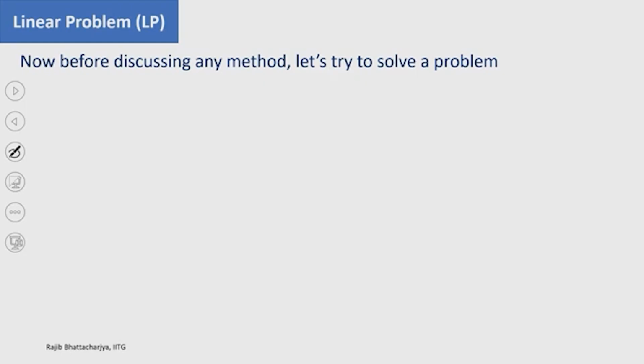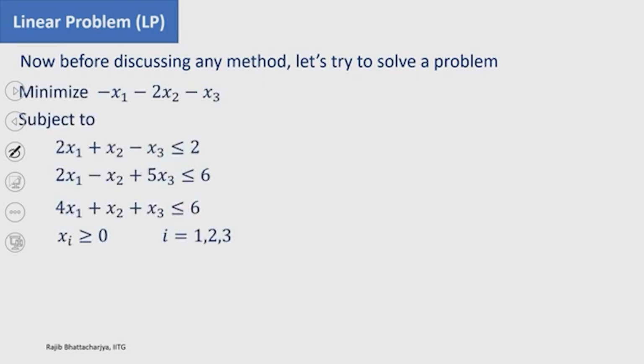Before that, I would like to solve this particular problem. The problem is: minimize minus x 1 minus twice x 2 minus x 3. That is your objective function. And we have a total of 3 constraints.